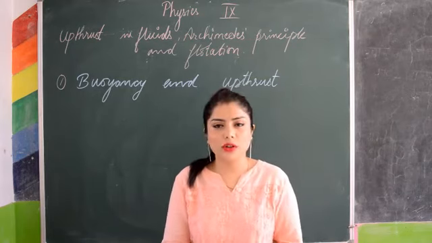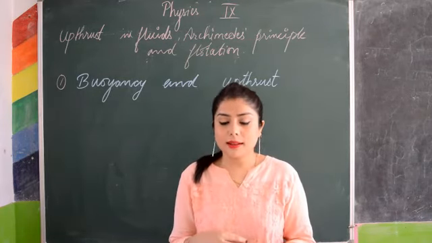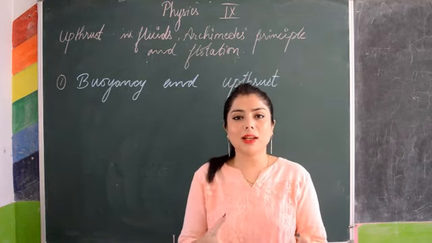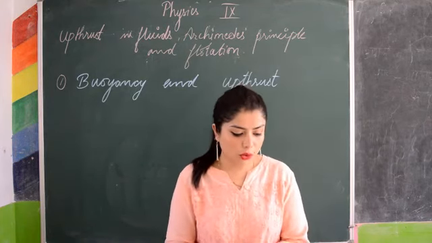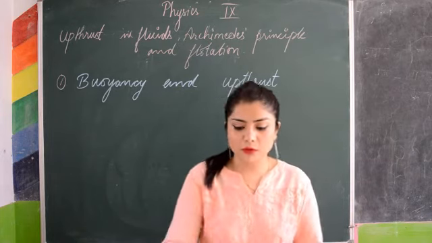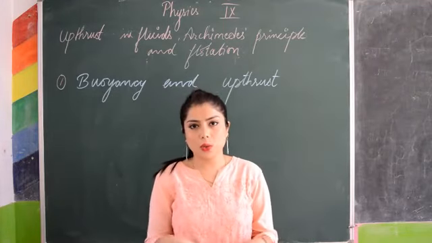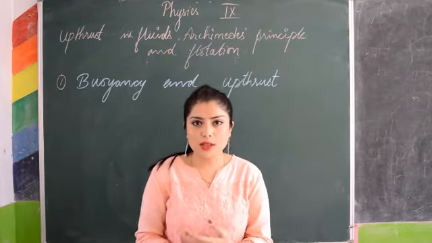That is because of the force which is applied by the water. And that force which is applied by the liquid, that is upward, is known as buoyant force or upthrust. Upthrust is another name for this force. So both mean the force exerted by the liquid in the upward direction.